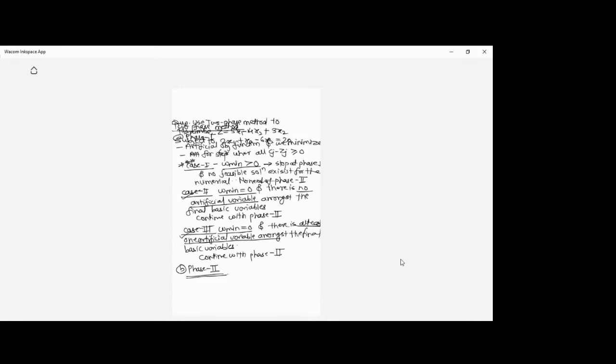Then we have 6x1 plus 5x2 plus 10x3 less than or equal to 76. We have 8x1 minus 3x2 plus 6x3 less than or equal to 50. And we have x1, x2, x3 greater than or equal to 0.